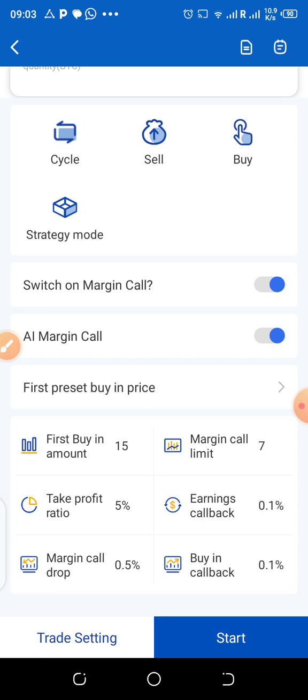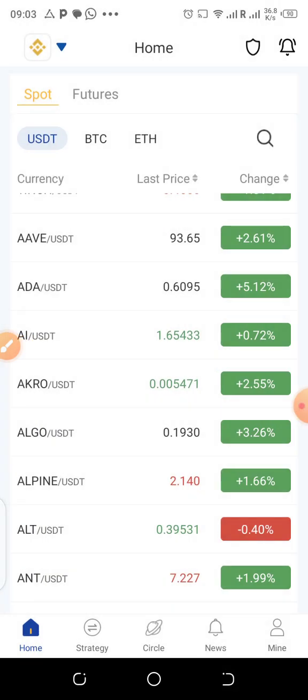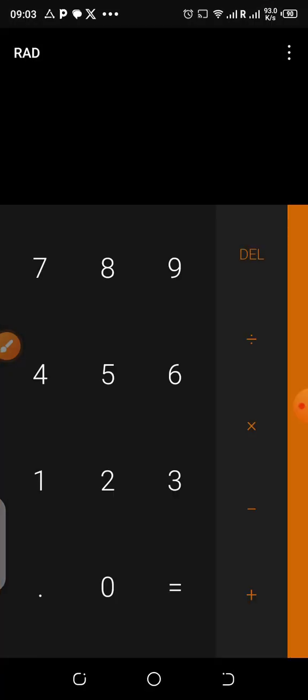So I want to calculate for you how much you need to use the Fibonacci. So let's go on our calculator. Let's start with the double up.